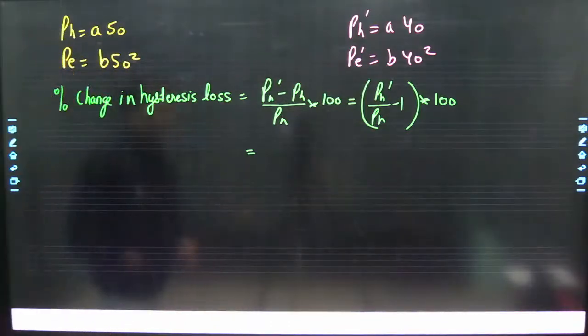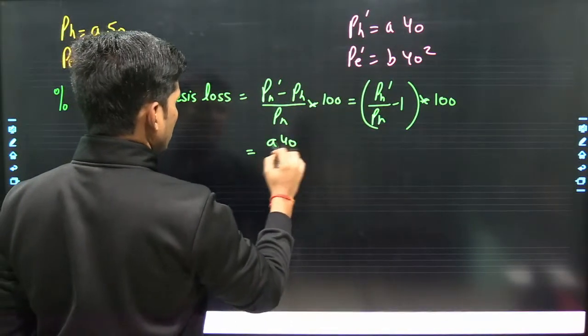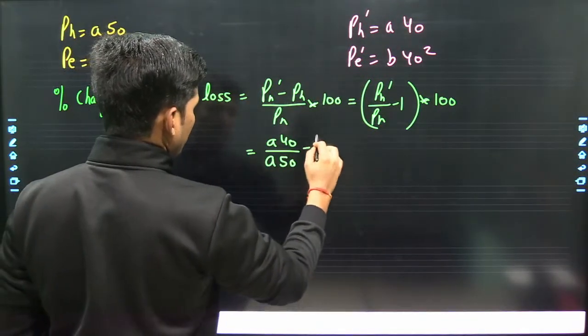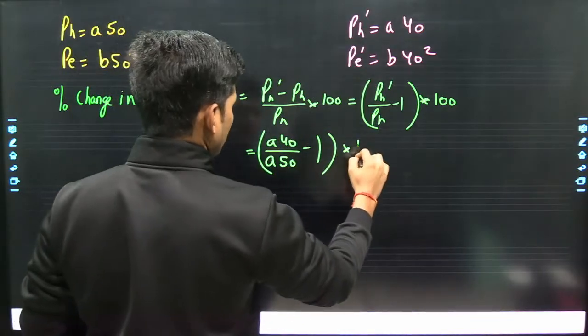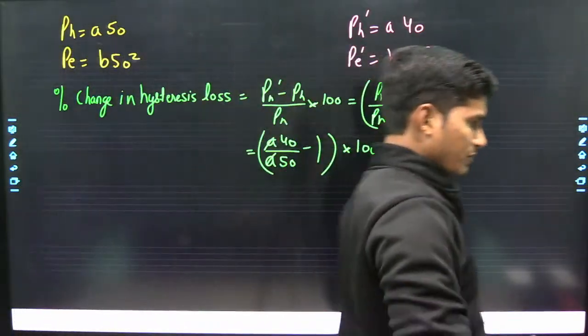Now put the values of PH dash and PH: PH dash is A into 40 upon PH, that is A into 50, minus 1 into 100. So what will be the value?